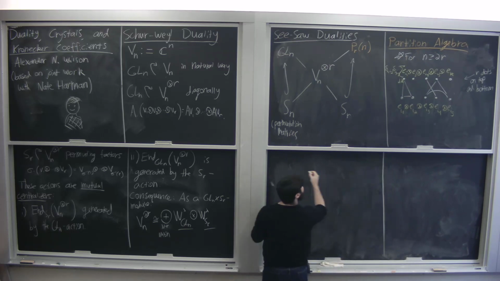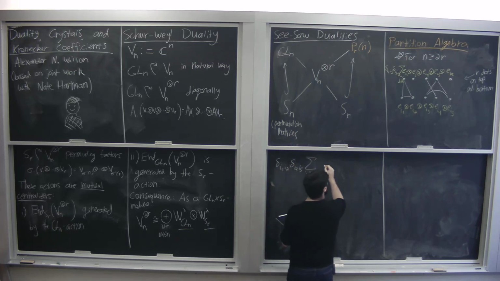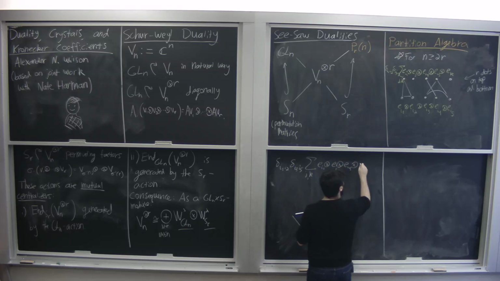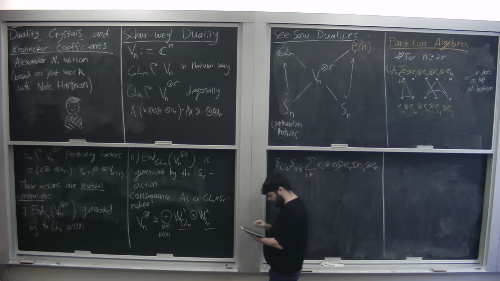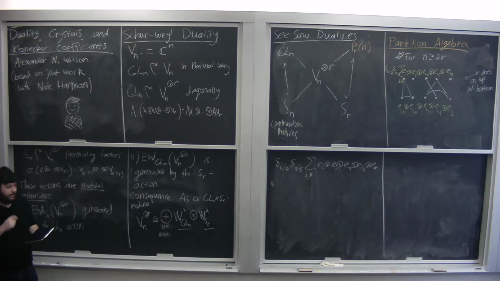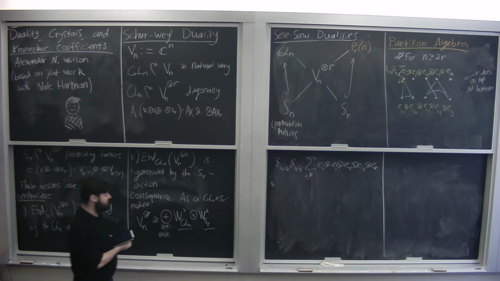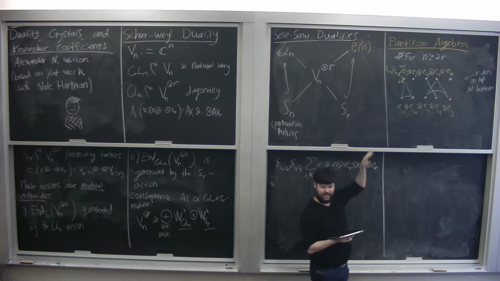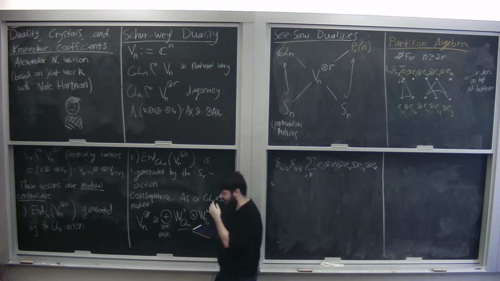Let me just quickly reproduce that in a way that's not so cramped: delta i1 i2, delta i3 i5, sum over j and k of e_i1 tensor e_j tensor e_i4 tensor e_i3 tensor e_k. Okay. So this partition algebra consists of all diagrams that look like that, and this is how you can have it act.